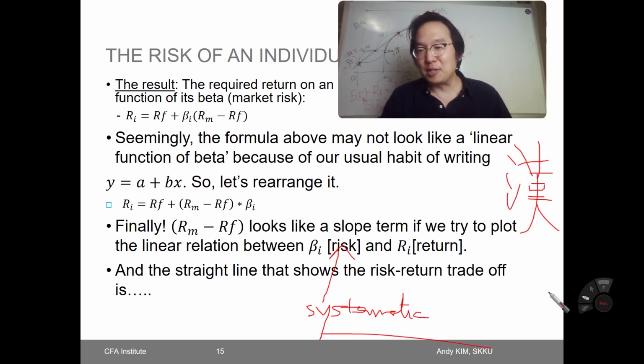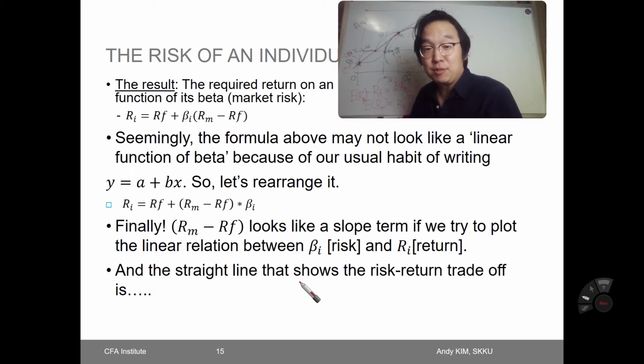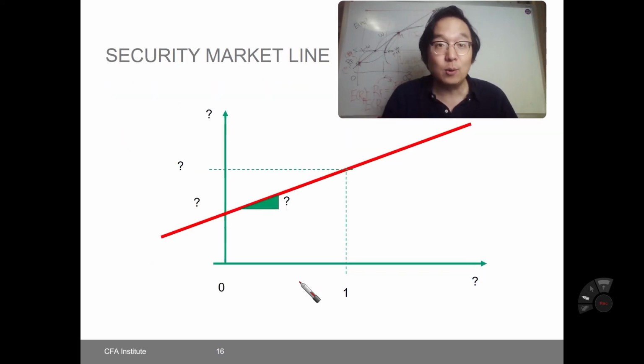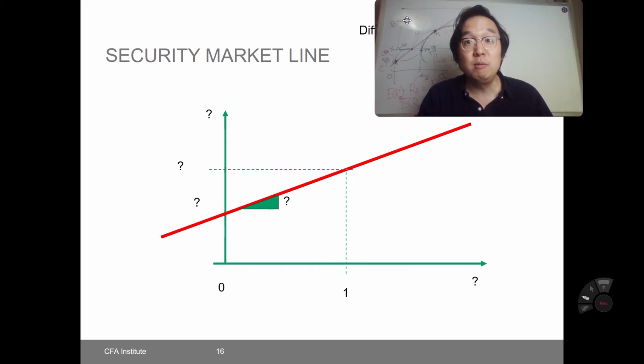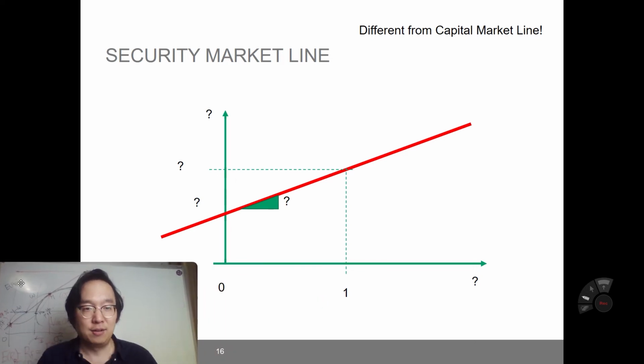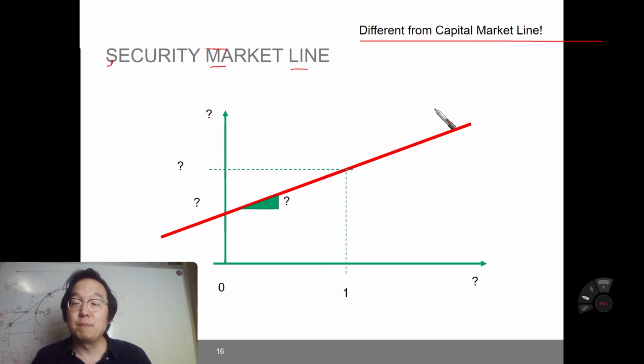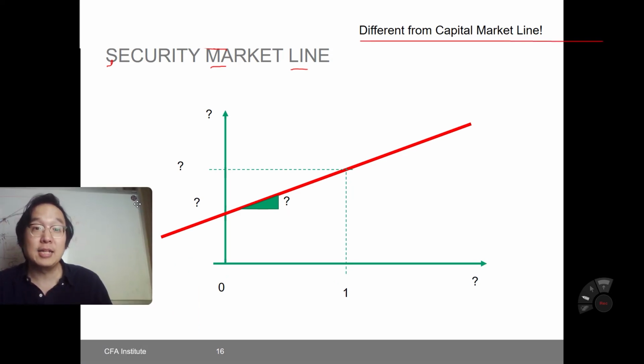Anyway, systematic risk, beta, and return, and the straight line that shows the risk-return trade-off is called the security market line. I call it SML, all right? What's the difference between the capital market line and the security market line?